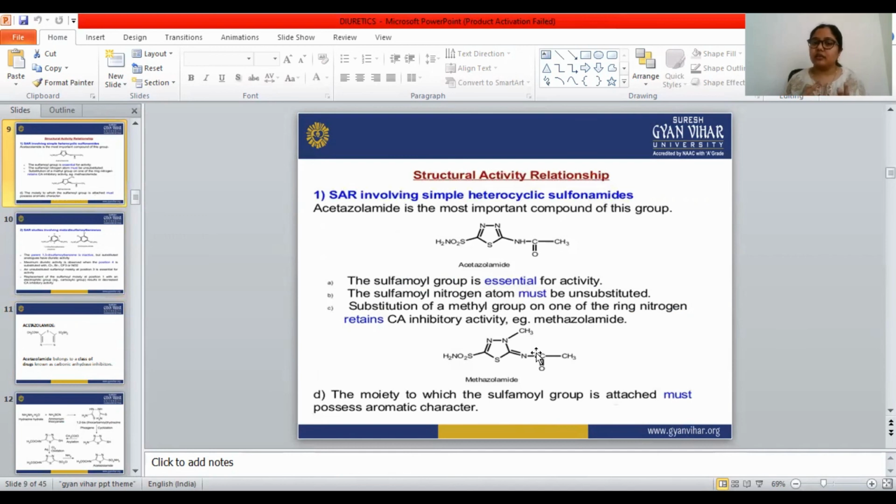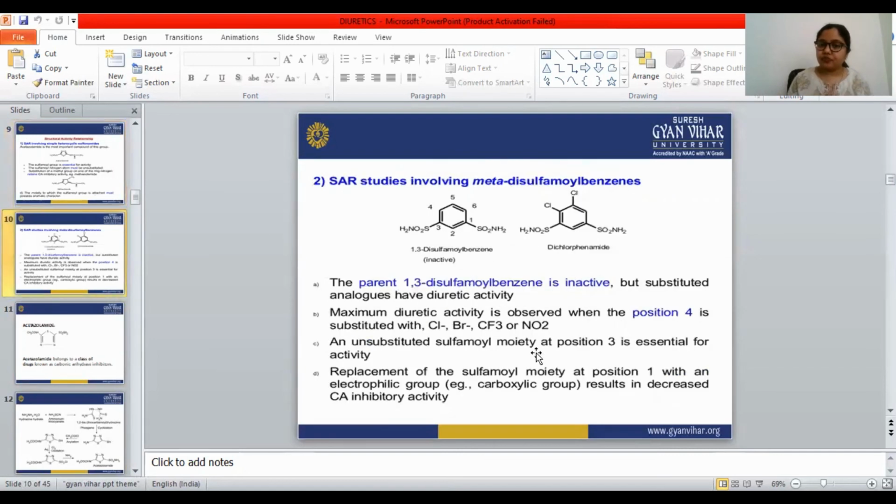Acetazolamide as well as methazolamide come under the category of heterocyclic sulfonamide carbonic anhydrase inhibitors, and dichlorphenamide comes under the category of meta disulfamyl benzene. But all three drugs are carbonic anhydrase inhibitors.